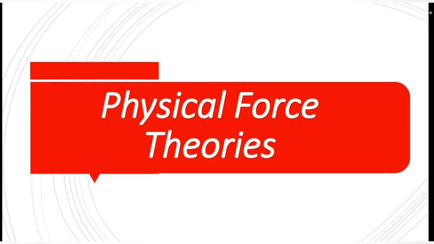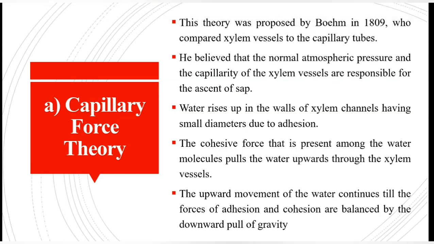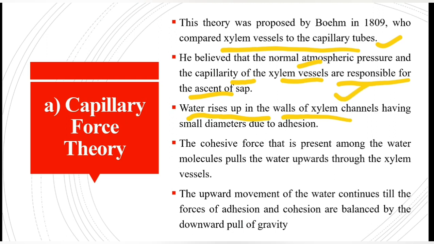Then some physical theories were proposed by many scientists. The first one is the capillary force theory, proposed by Boehm in 1809, who compared the xylem vessel to a capillary tube. He believed that normal atmospheric pressure and capillarity of xylem vessels are responsible for ascent of sap. Water rises up the wall of xylem channels having small diameters due to adhesion.